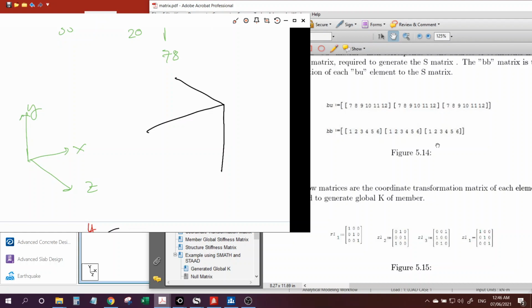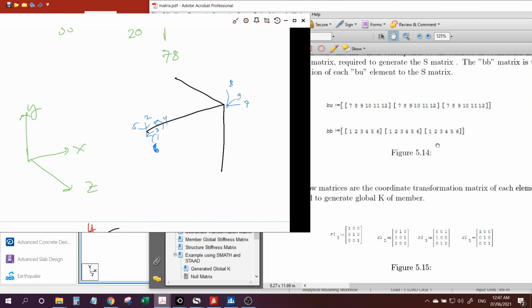For member 1, this will be my 1, 2, 3, and rotation, no? Okay, say 4. I think this is 6. No, this is 6. So this is 4, rotation here 5. And then of course this will become 7, 8, 9. And then the 3 rotations.